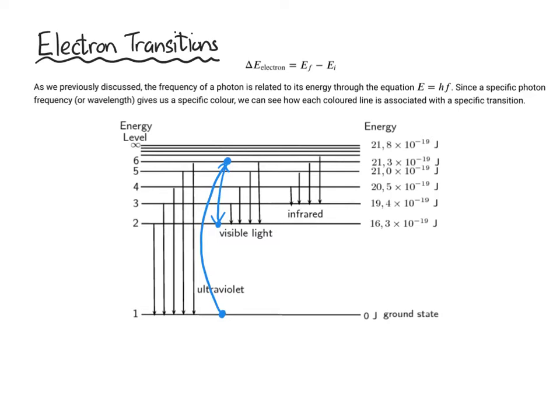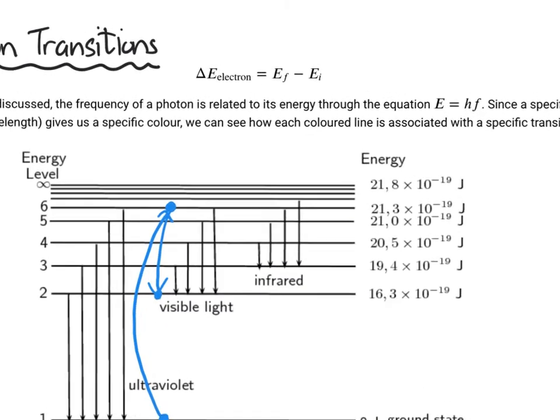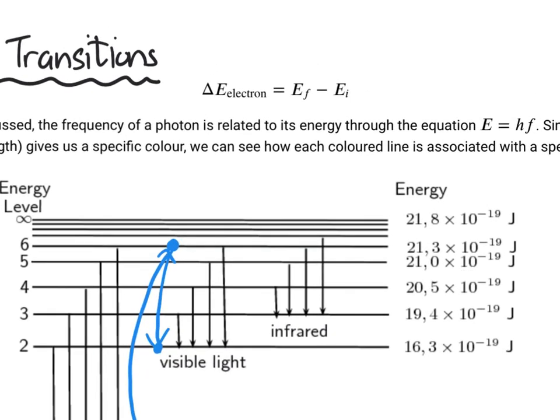What energy would be lost by the electron? Using this relationship, where the change in energy of the electron is equal to the final energy of the electron minus the initial energy, we are going to answer that question.